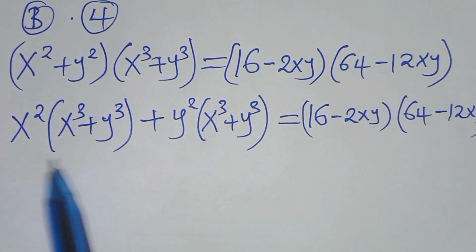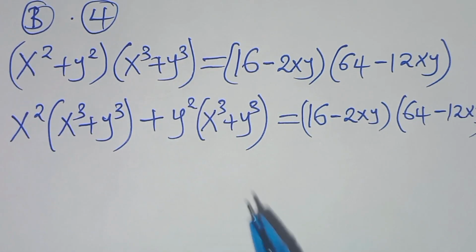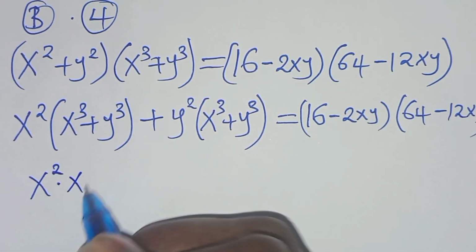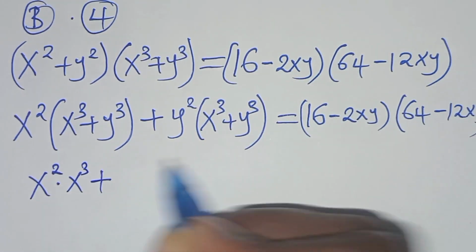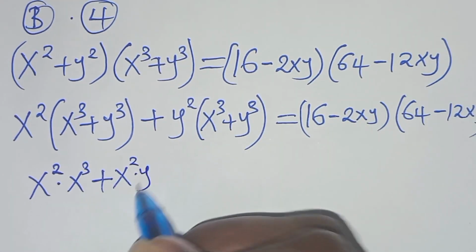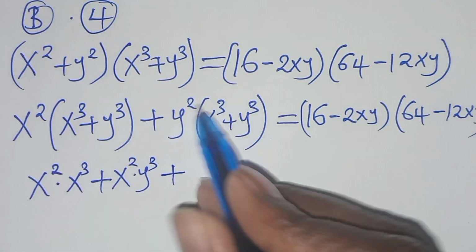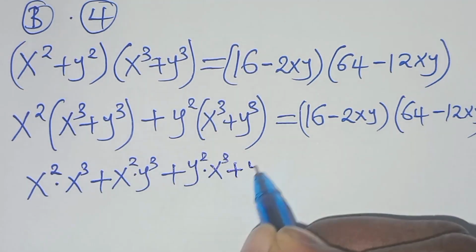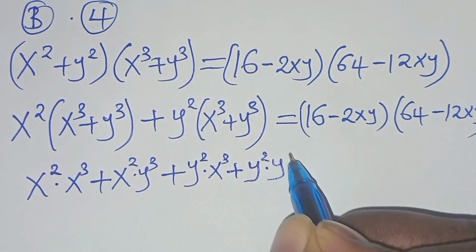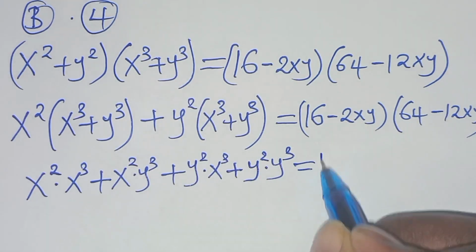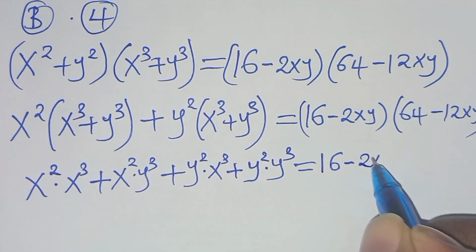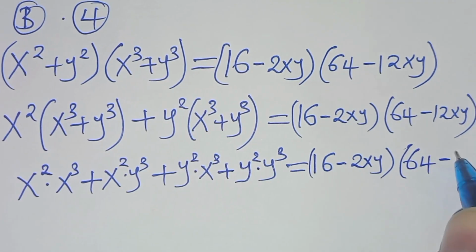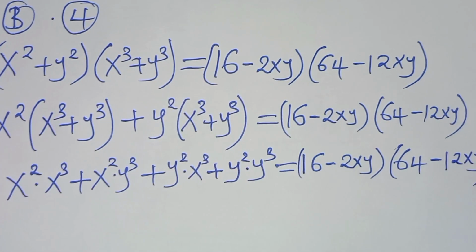Now the next step is x squared times x to the power 3. We have x to the power 2 times x to the power 3, plus x to the power 2 multiplied by y to the power 3, plus y to the power 2 times x to the power 3, plus y to the power 2 times y to the power 3, equal to 16 minus 2xy multiplied by 64 minus 12xy.